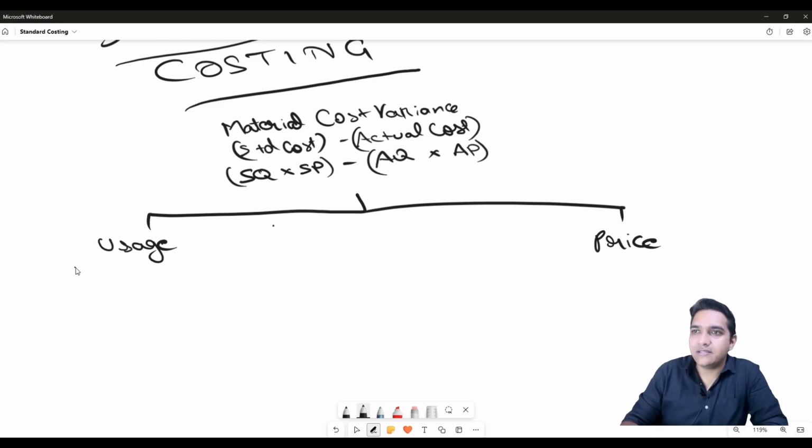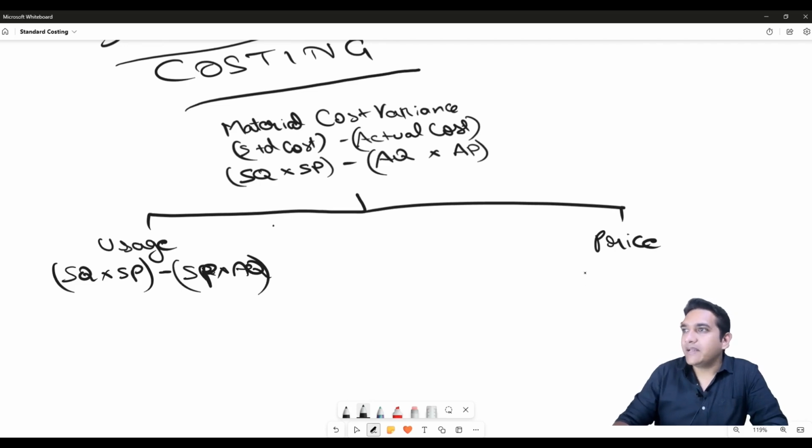Usage variance is standard quantity multiplied by standard price minus standard price into actual quantity. Sorry, this is price. And the formula to calculate price variance is standard price into actual quantity minus actual quantity into actual price.